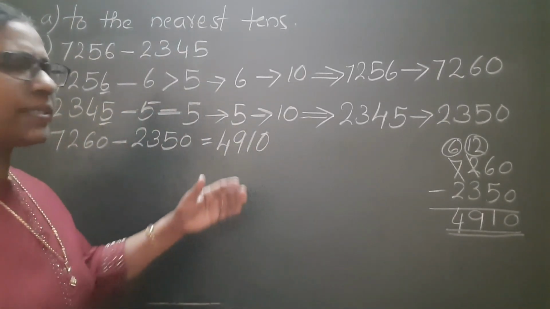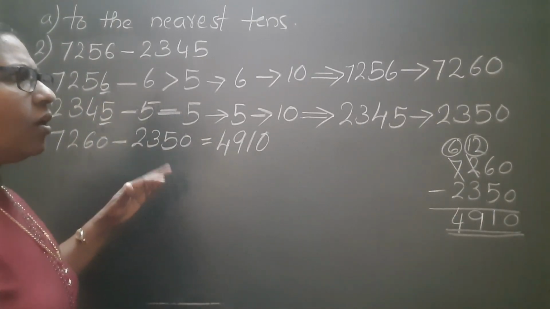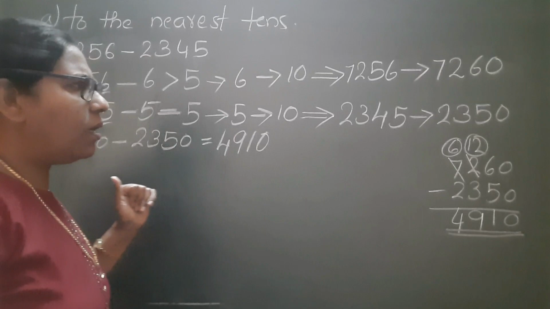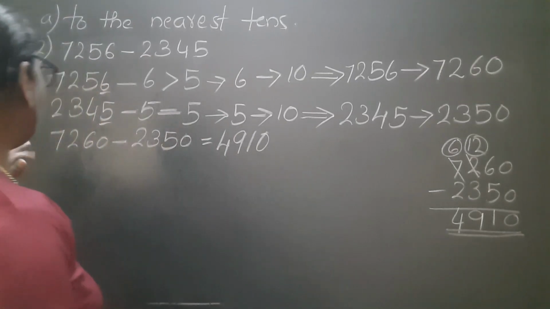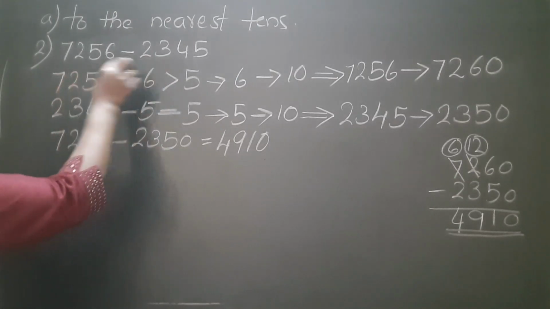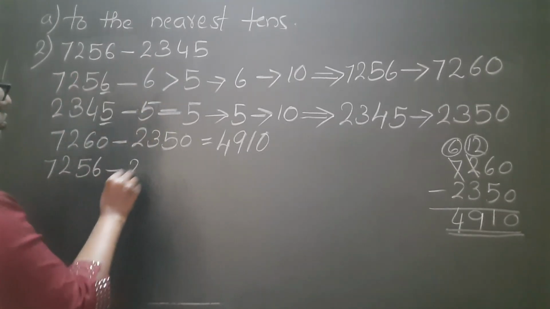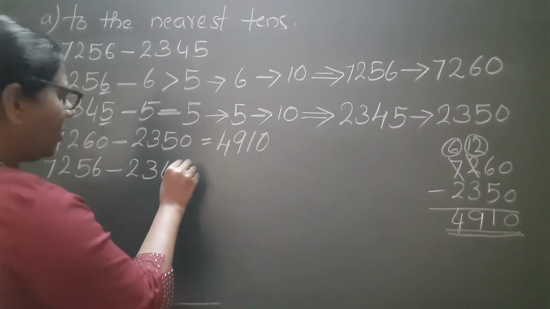Now again the second part of the question says that we have to compare with the actual difference. So we have to find the actual numbers' difference: 7256 minus 2345.